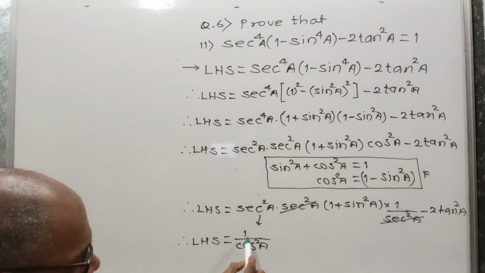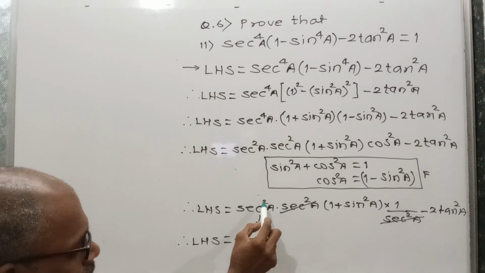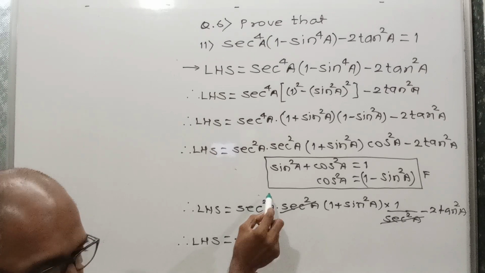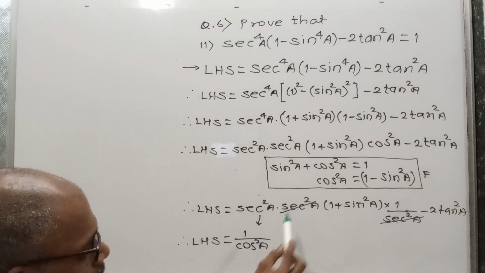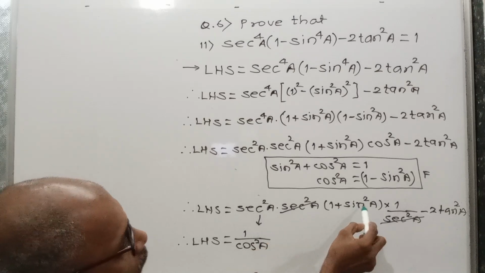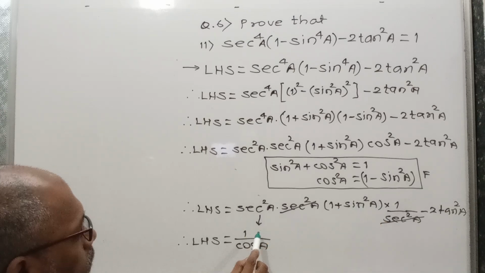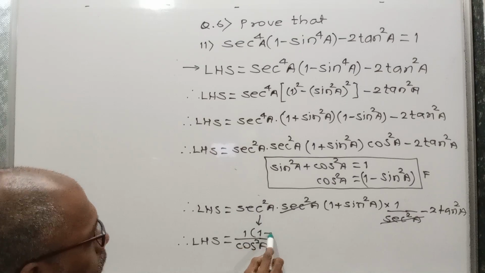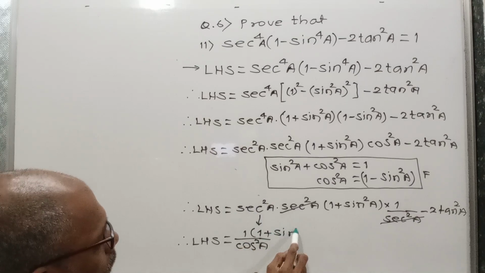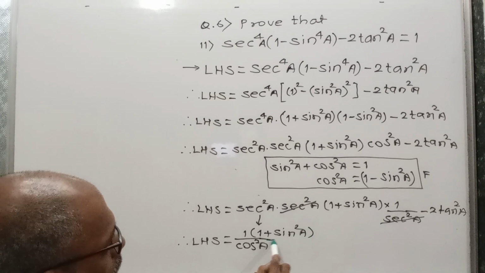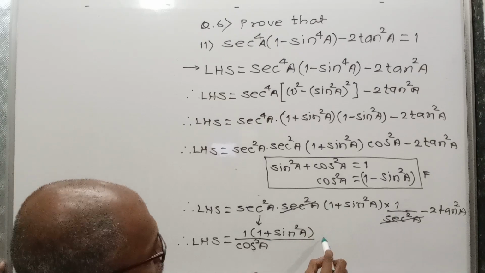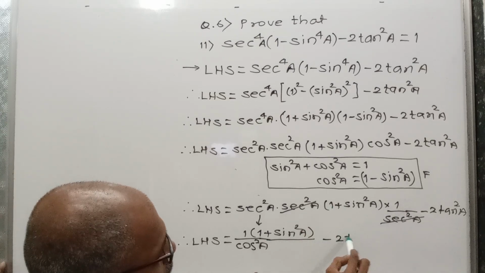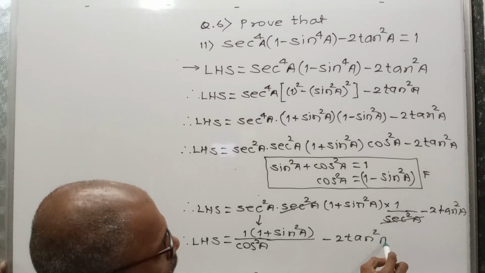When sec a is 1 upon cos a, then squared, cubed, raised to 4, this way, into (1 + sin² a), here we write 1 + sin² a in this bracket, minus the original 2 tan² a.